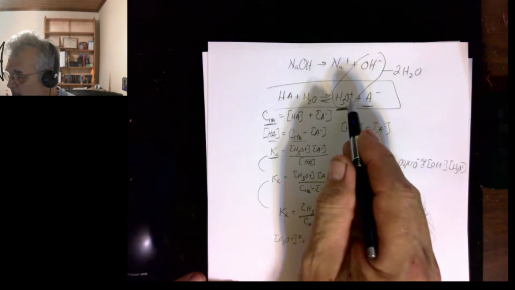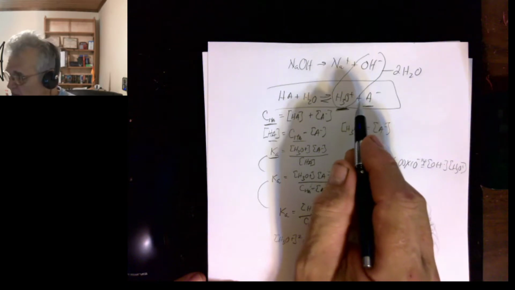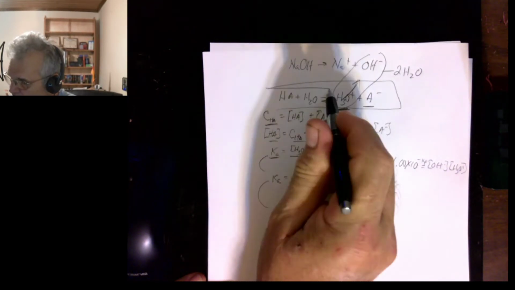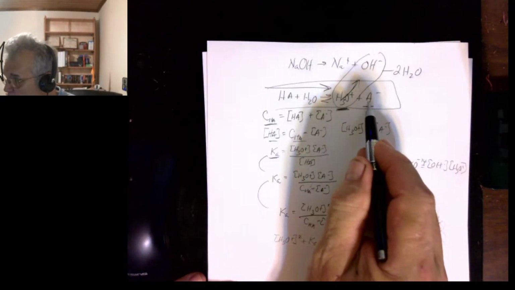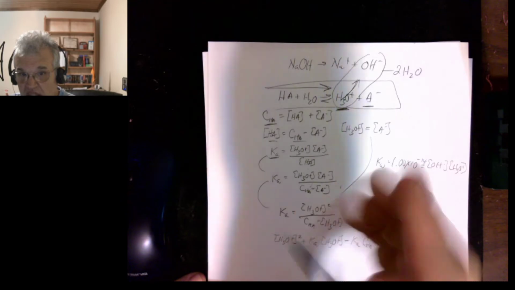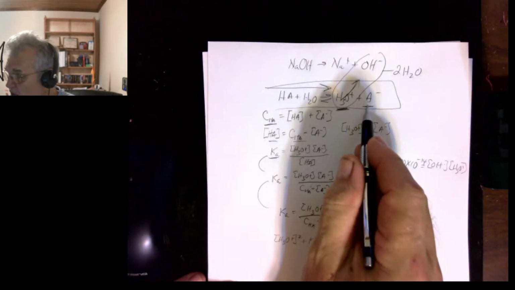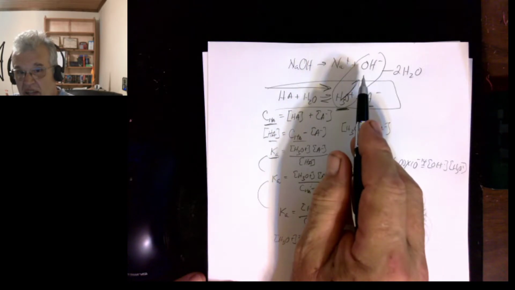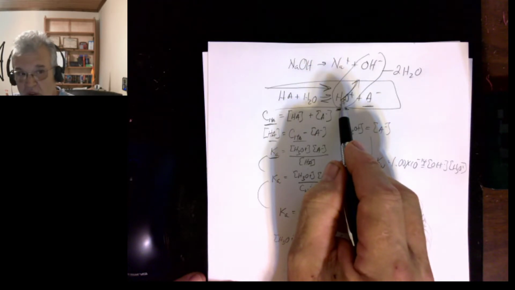So what that does is, you look at Le Chatelier's principle. As I'm reducing the number of hydroniums, the reaction is going to shift to offset it, create more A-, and reduce the amount of HA. So my HA goes down, my A- goes up. In fact, every mole of hydroxide added removes a mole of hydroniums, and the reaction shifts to offset that and replace the hydroniums.